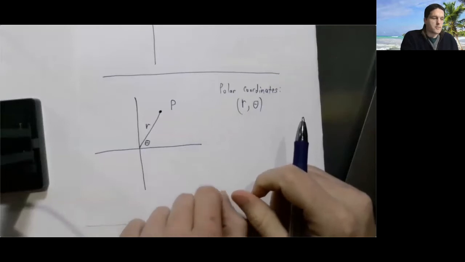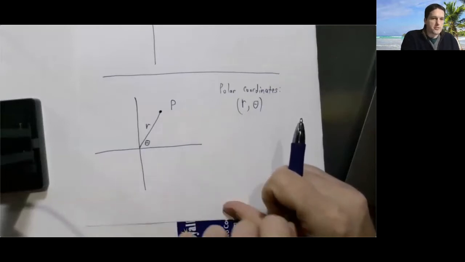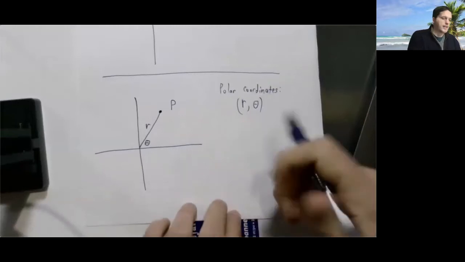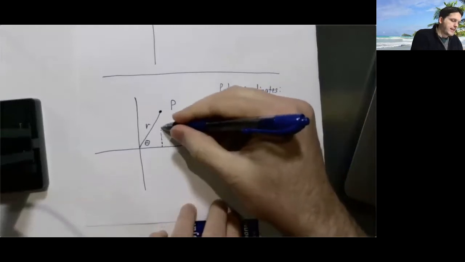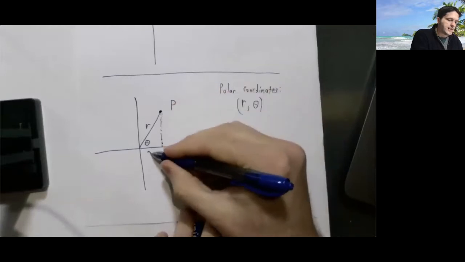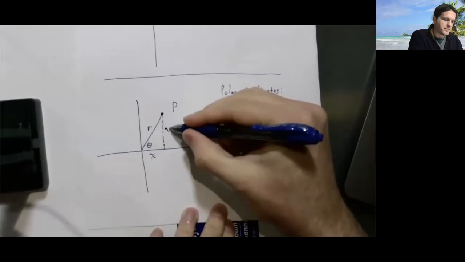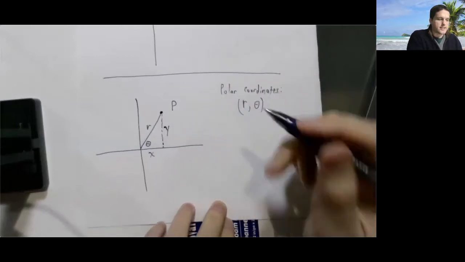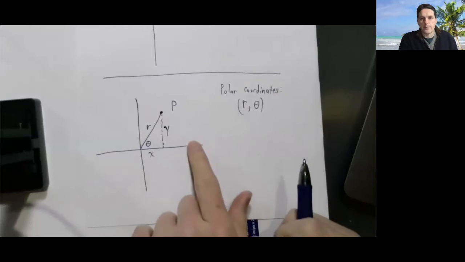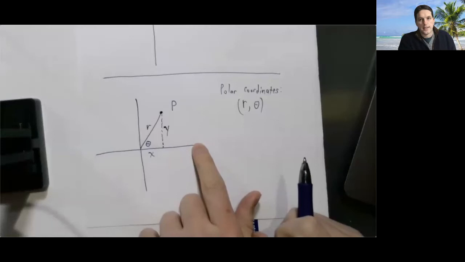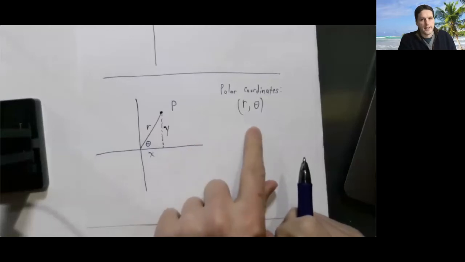Now, suppose we have a point P, and the polar coordinates of P are r comma theta. And suppose we want to find the rectangular coordinates of P. How would we do that? Well, let's draw this line segment, and the length of this line segment is x, and the length of this line segment is y. So the rectangular coordinates of P are x comma y. How do we compute x and y if we're given r and theta?